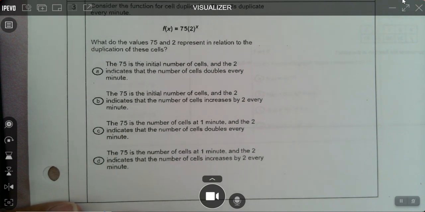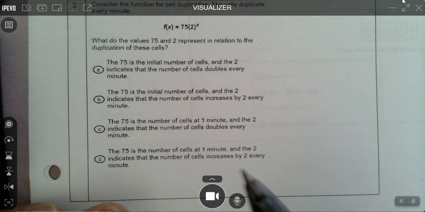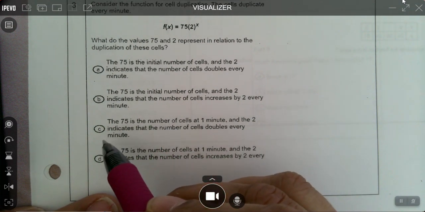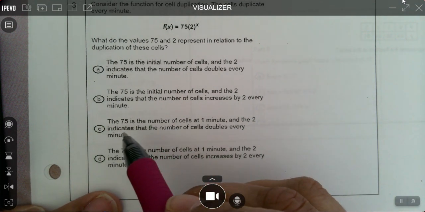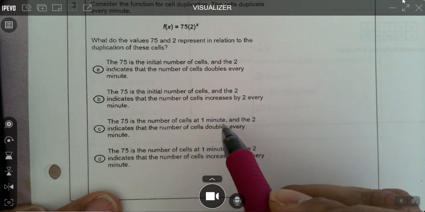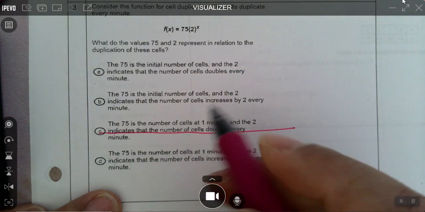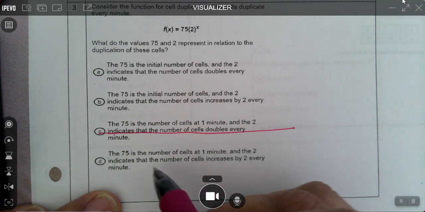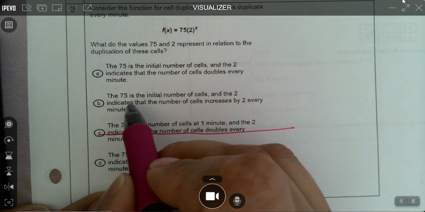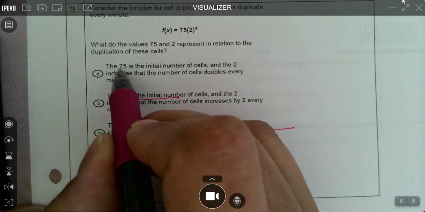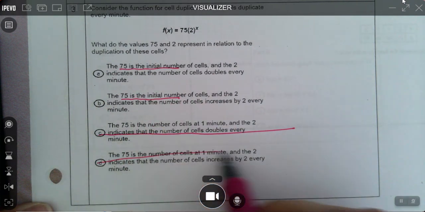All right, which one can we cross out and why? We're crossing out C, why? That's not true, right? What is 75? Okay, so the only ones that say 75 is the initial amount are these two. So that means we can cross these out.